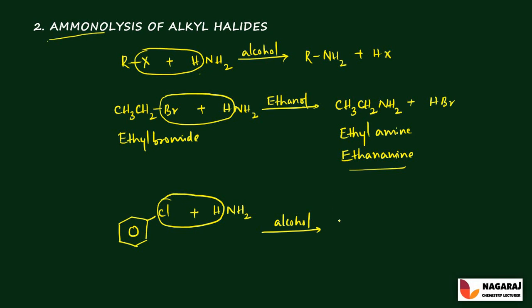So it gives the product with NH2 plus HCl. When chlorobenzene reacts with ammonia in the presence of an alcohol, it produces aniline.